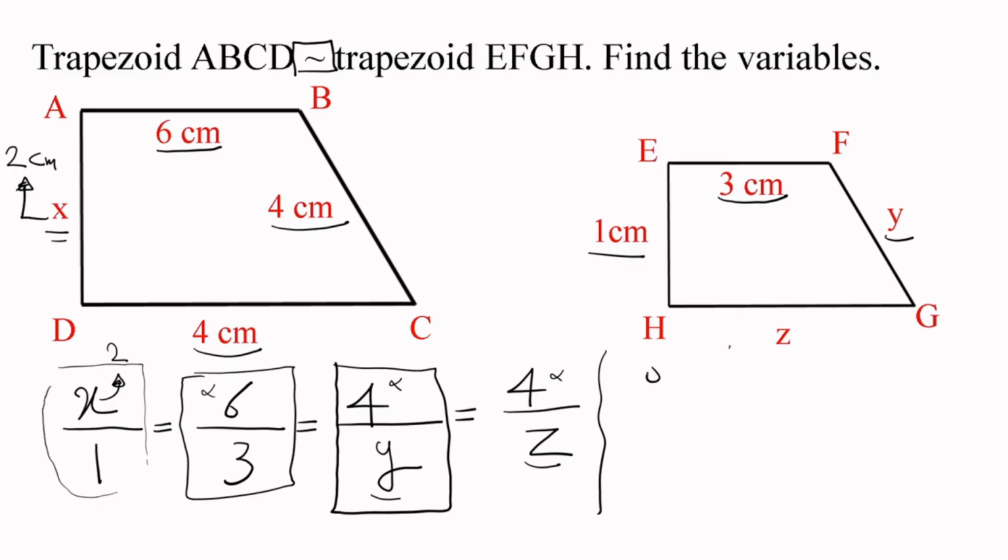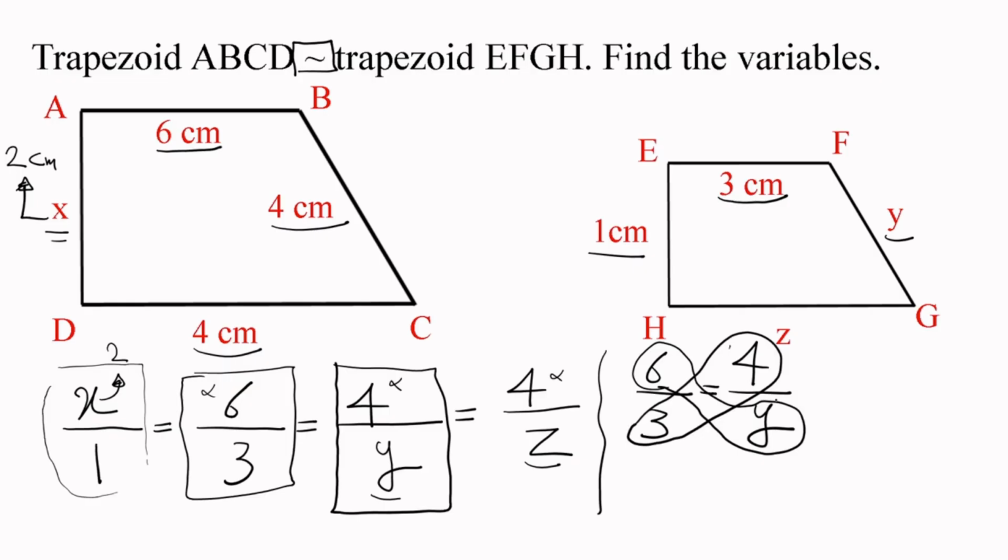I'm going to write 6 over 3 is equal to 4 over y. I'm going to use cross products here. I'm going to multiply diagonally and I will set them equal. I'm going to have 6 times y is equal to 3 times 4. I can divide both sides by 6 to make the variable alone.